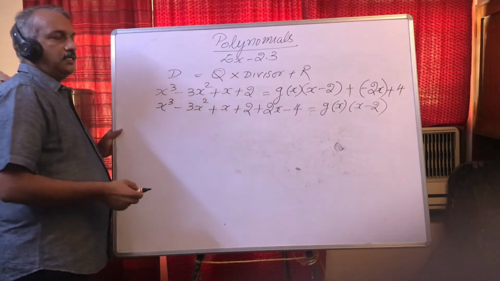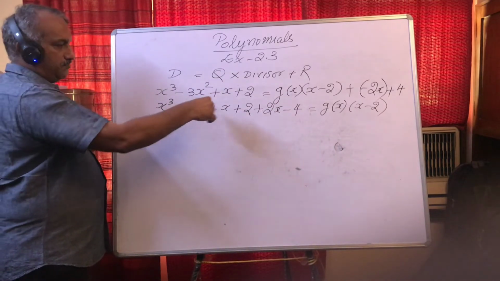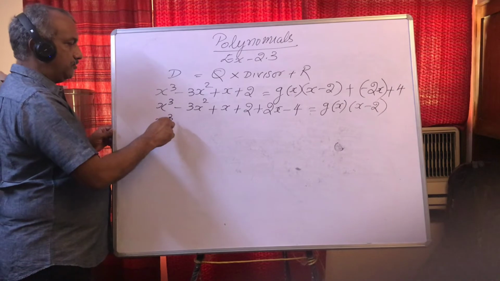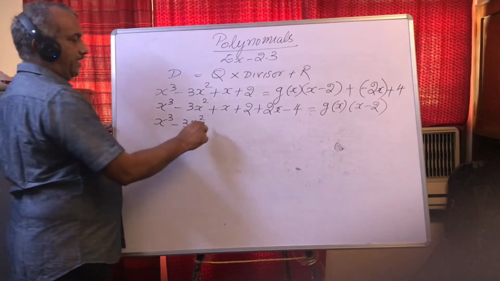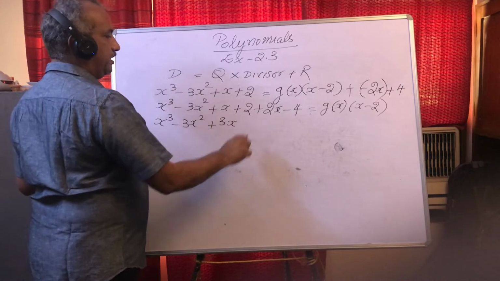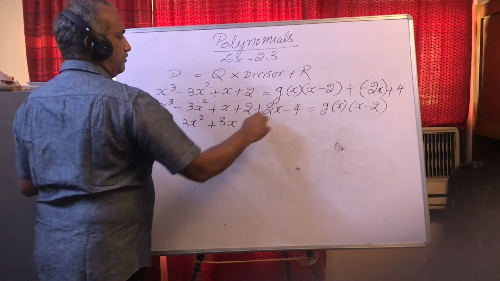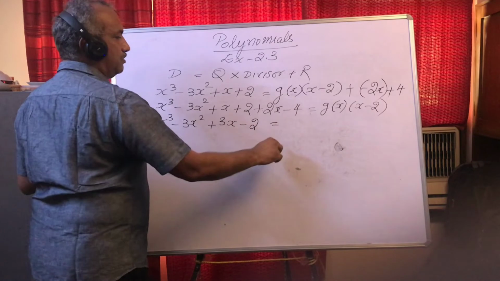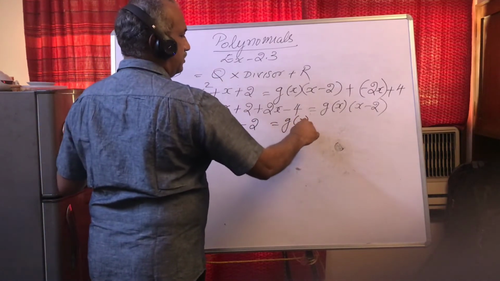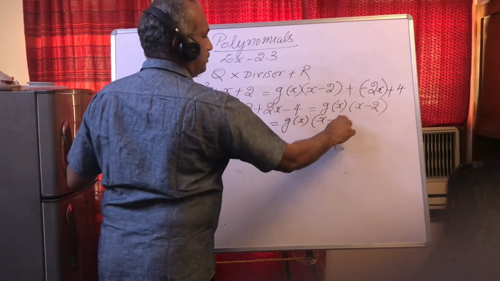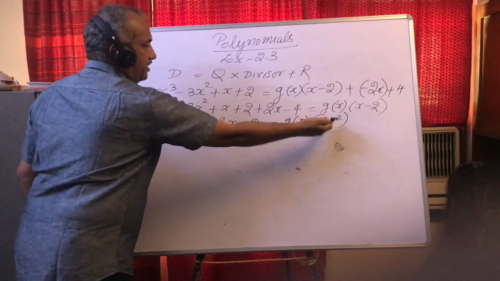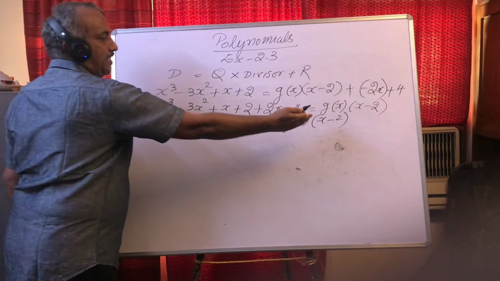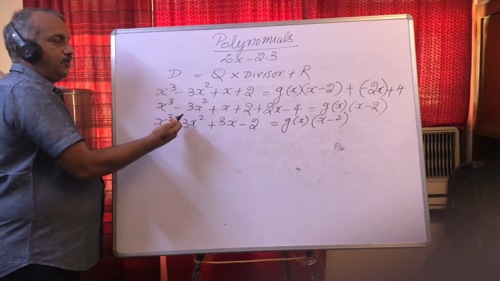Now once again we will simplify. Here it is x cube minus 3x square, then 2x plus x, 3x, and 2 minus 4, minus 2, is equal to g of x into x minus 2. Now g of x is multiplied by x minus 2, so on this side it will be divided.